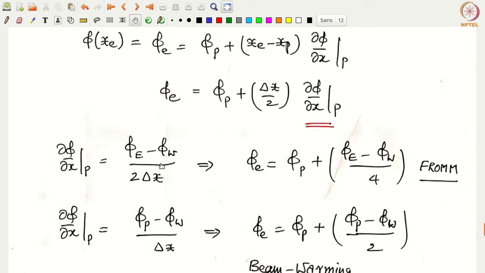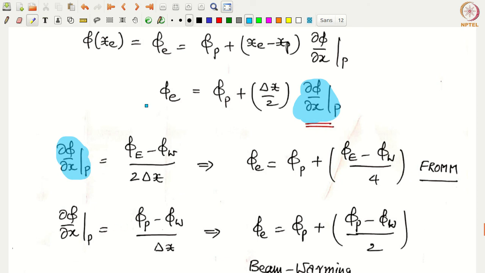We are just substituting for partial phi partial x into this term here. So if we substitute, we get phi little east equals phi p plus 1/4 phi east minus phi w by 4. This particular scheme of evaluating the first derivative using the central difference formula gives you something known as the Fromm scheme. This is what it is referred to in the literature.